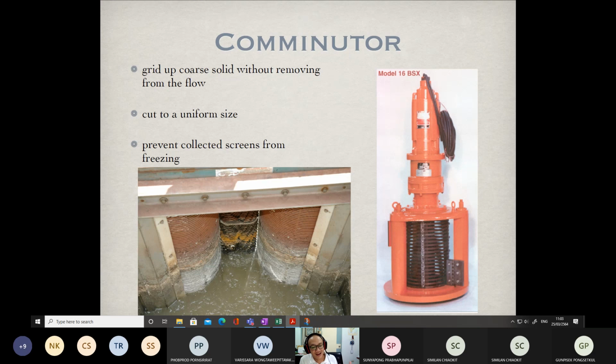And then we let the next unit operation remove these cut objects from the water. So that is the function, or how the comminutor works. But anyway, as it is mechanical equipment, nowadays this unit operation may not be very popular.